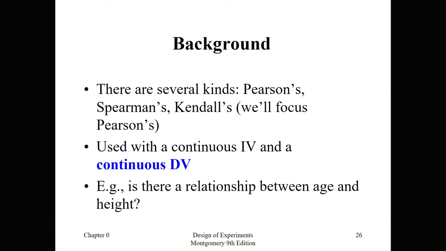There are some assumptions in the background, and we're going to spend some time later in this class talking about those assumptions. But one of the assumptions of a Pearson's correlation is that we're looking not just at a relationship between age and height, but at a linear relationship between age and height. And this is actually an important distinction.